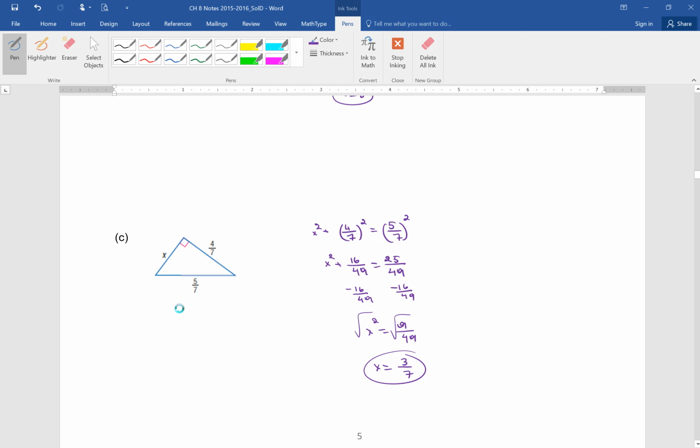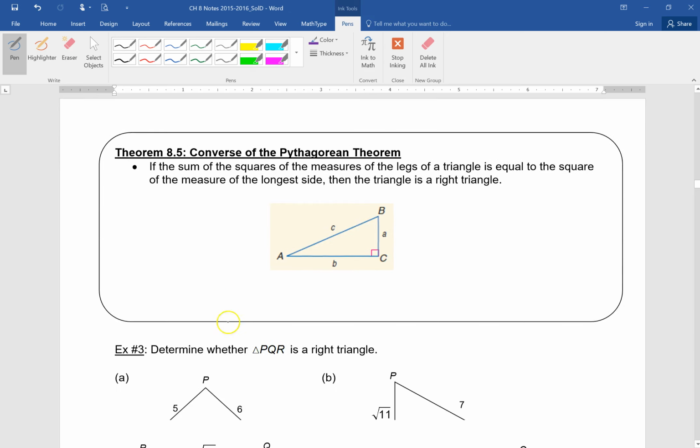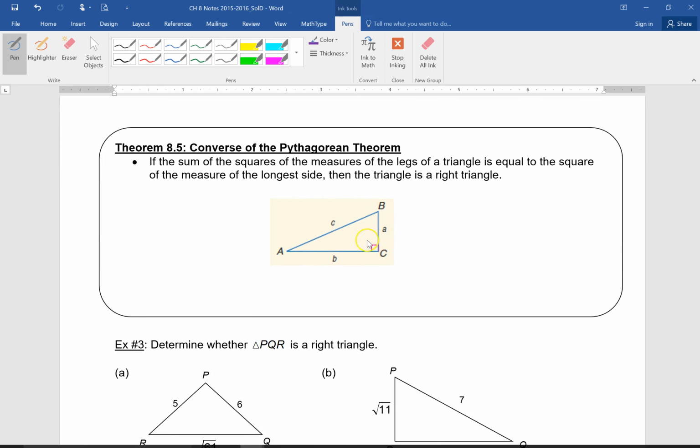We can also talk about the converse of that. And the converse will say, if you add up the squares of two sides of a triangle, and that's equal to the square of the longest side, then what you have is a right triangle. Okay? And so in the beginning, you don't know if it's a right triangle, so you don't use the term hypotenuse. It's just the two shorter sides and the one longest side.